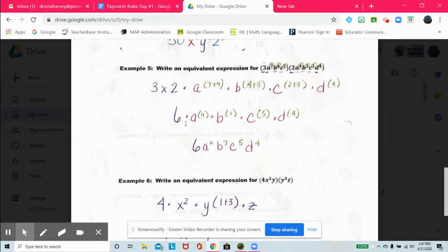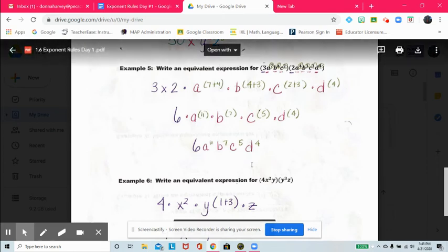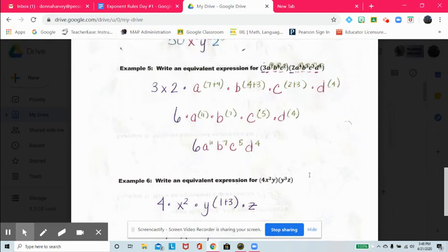Then we do the addition. 3 times 2 is 6, 7 plus 4 is 11, 4 plus 3 is 7, 2 plus 3 is 5, and then d to the 4th. We don't need to write the multiplication because, as you know in algebra, you would write your answer as 6, a to the 11th, b to the 7th, c to the 5th, and d to the 4th.